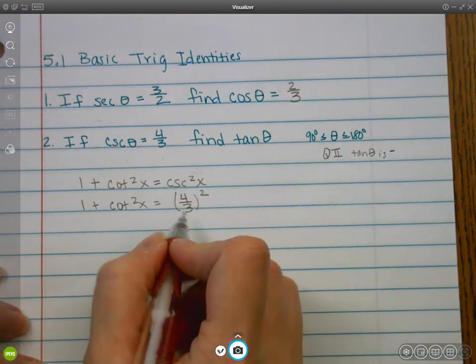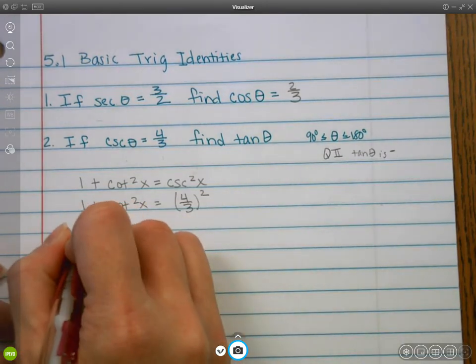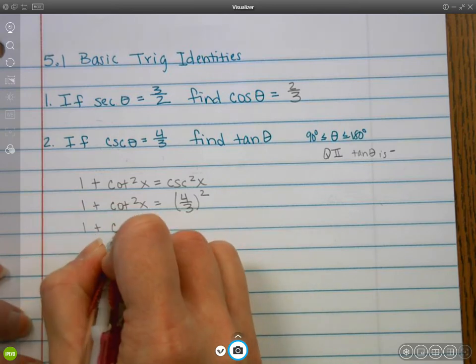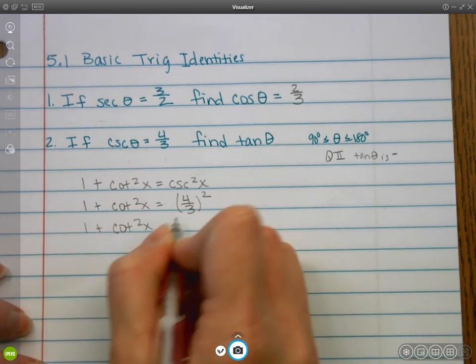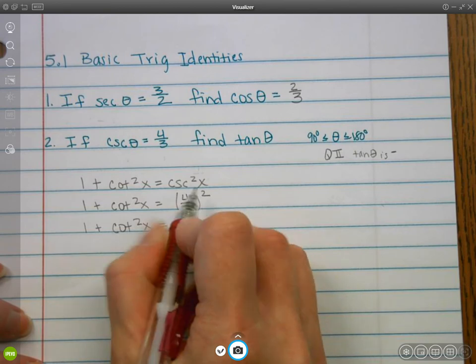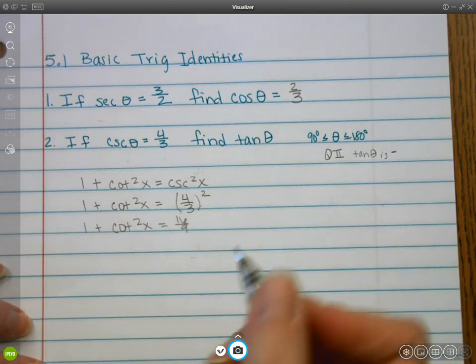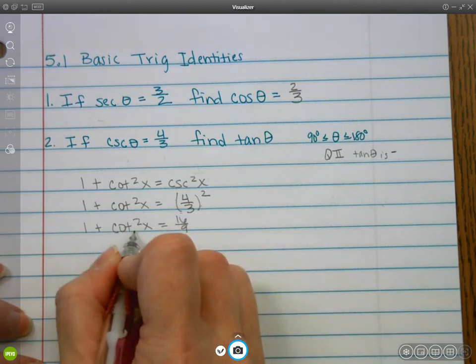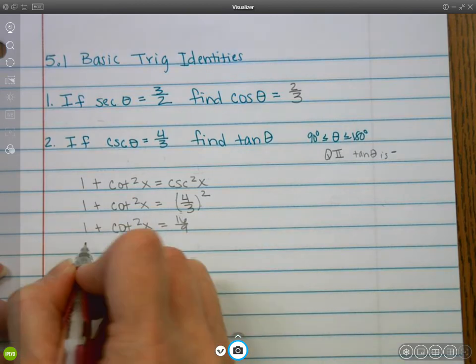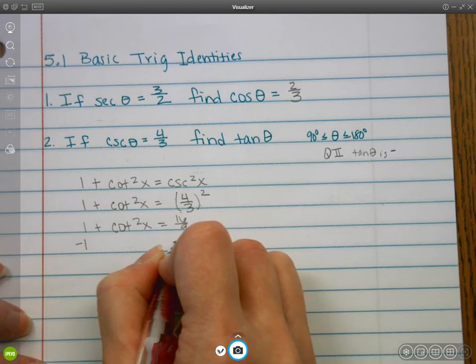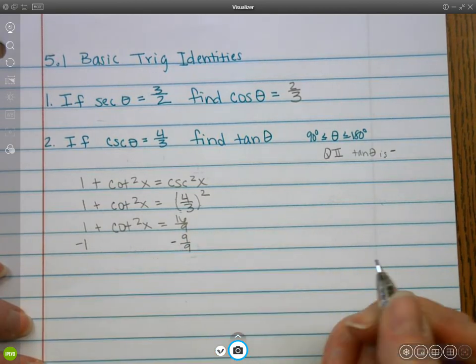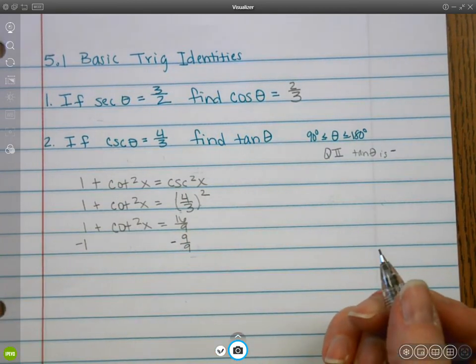Now this is a little bit of math, and I know fractions kill people, but they are not that difficult. If I square the top, square the bottom, I get 16 over 9. I need cotangent by itself, so we're going to subtract 1. If I subtract 1, I've got to subtract 9 ninths, because 1 is the same thing as 9 ninths.